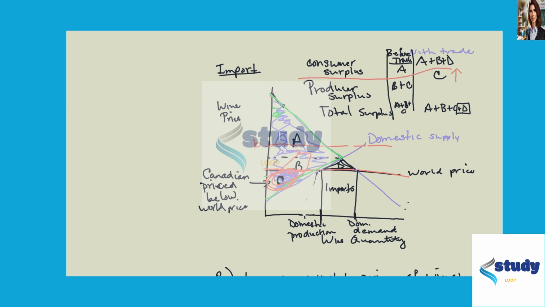Our Canadian producer surplus will increase. Okay, so producer surplus will increase domestically. Though consumer surplus may decrease.